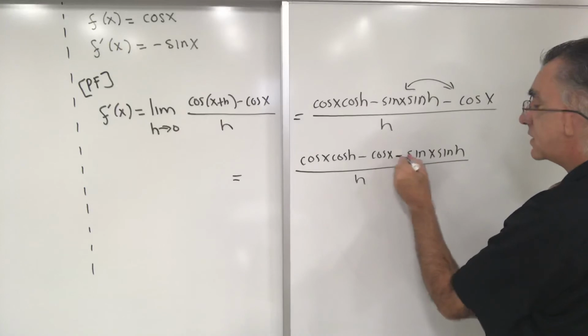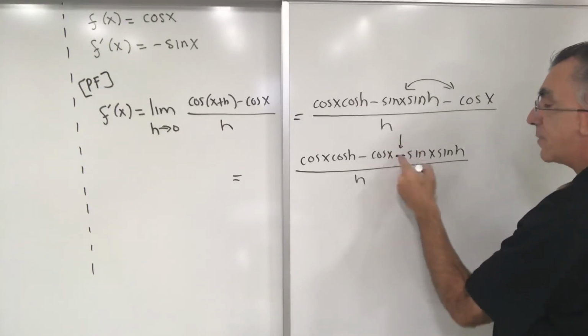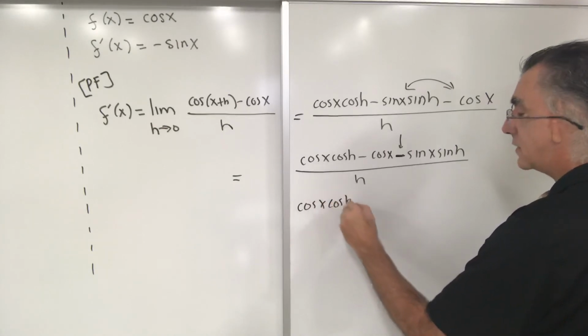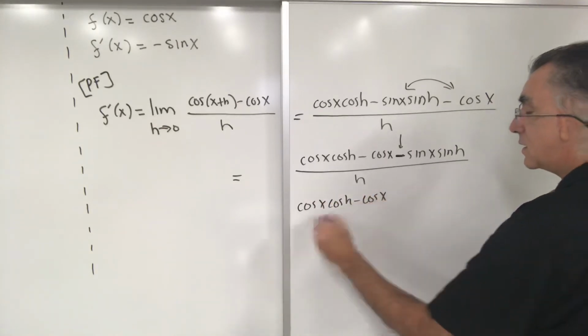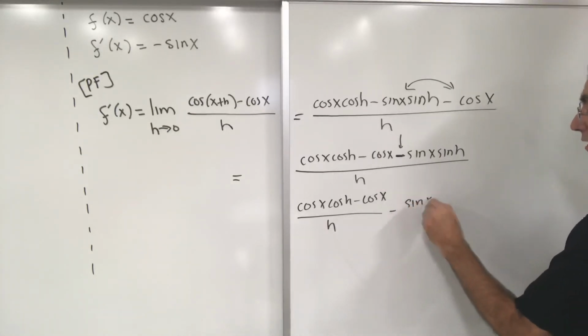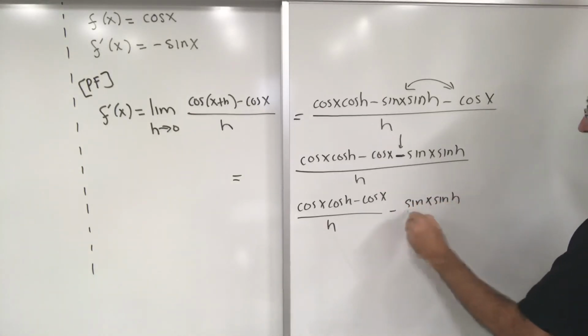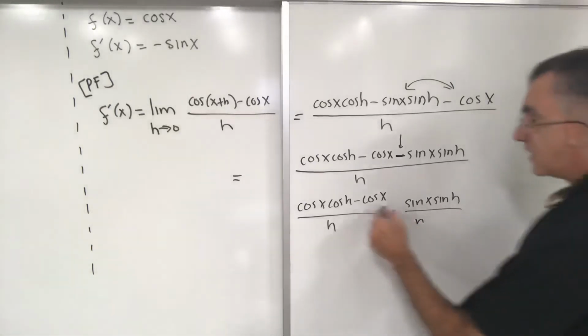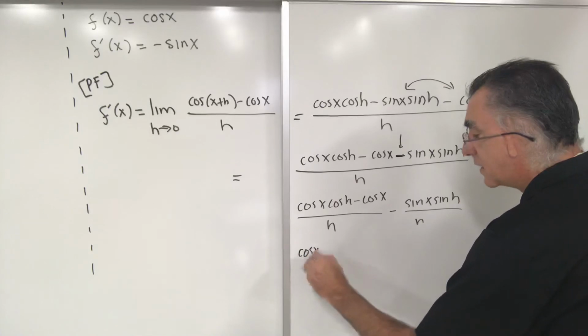The only thing here is you've got this minus sign here. We're going to break things up with the minus sign instead of a plus sign. No big deal. All over h minus sine x sine h all over h. And then again, factor out the cosine.